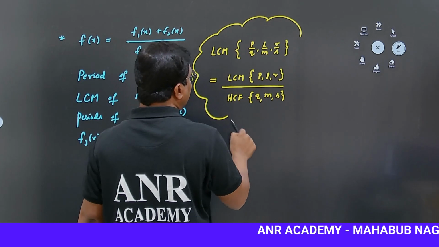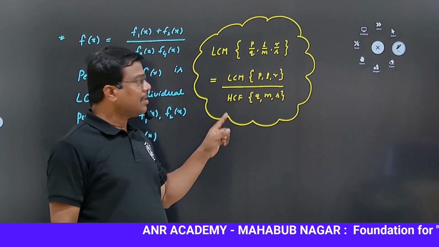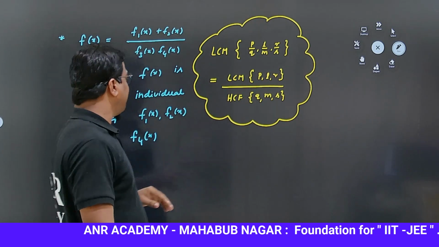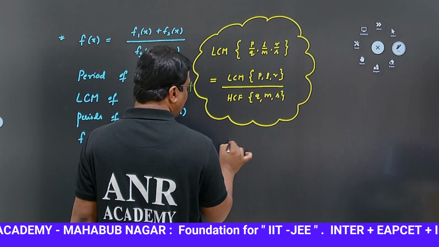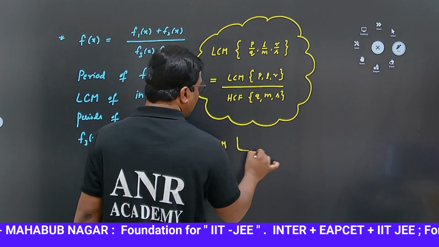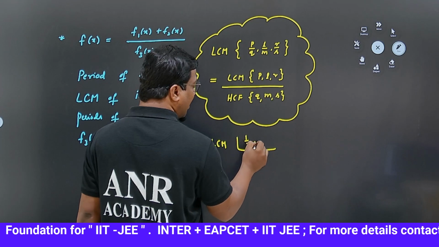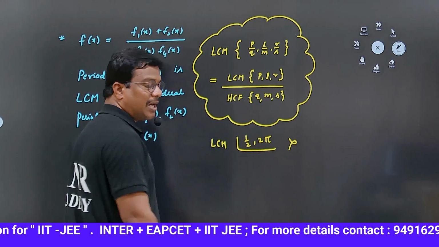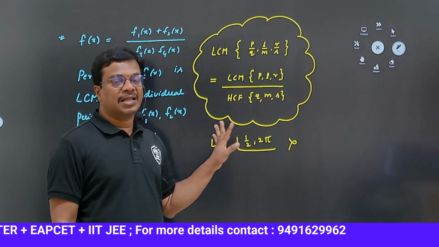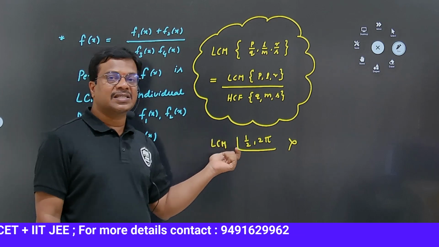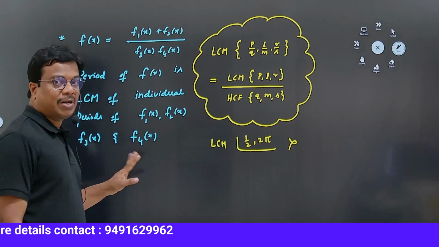If you have individual periods that are rational numbers, this is the formula for calculating LCM. And if you have one rational number and one irrational number, LCM is impossible, remember. If both are irrational, then LCM is possible. If one is rational and the other is irrational, LCM is not possible. You have to remember all these things.